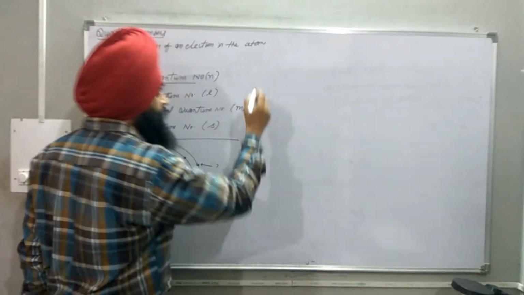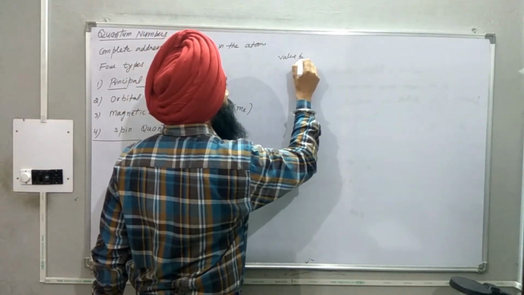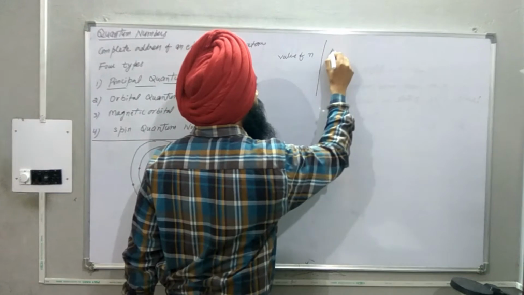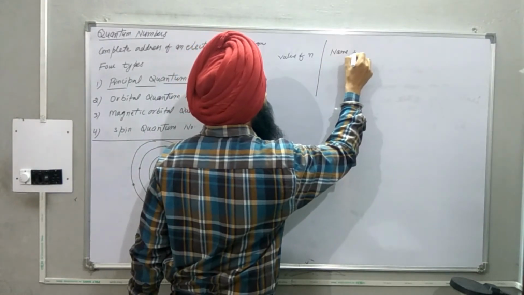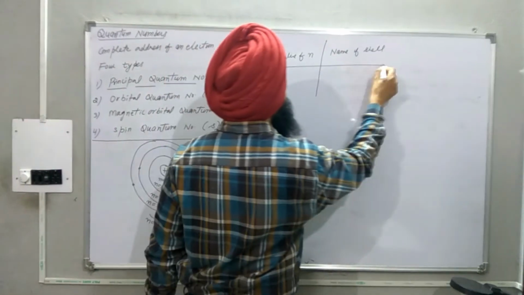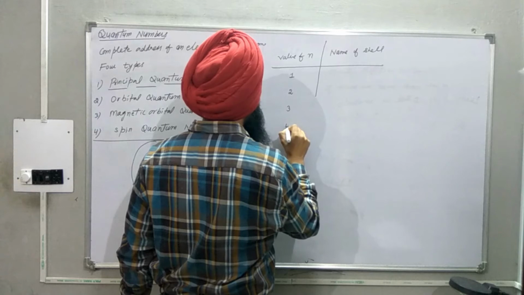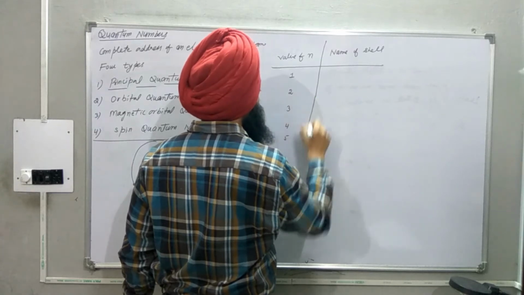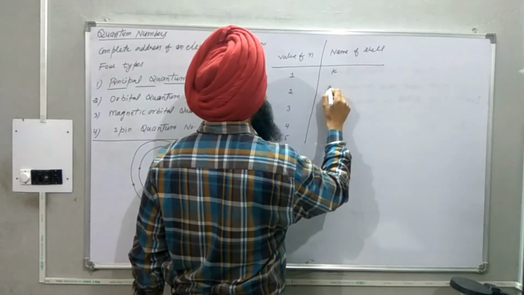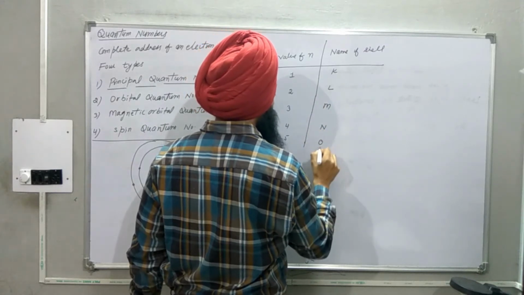So if I make a table here, value of n, name of main shell: 1, 2, 3, 4, 5, K, L, M, N, O, and so on.